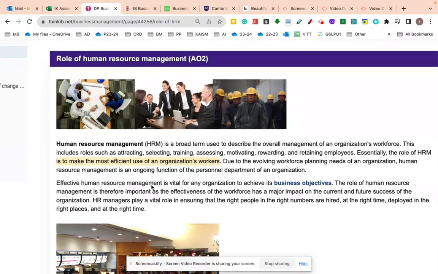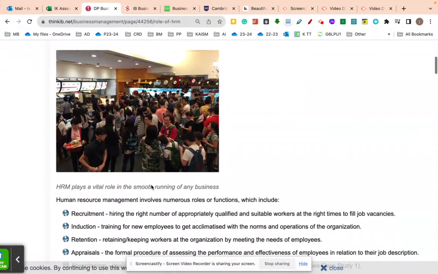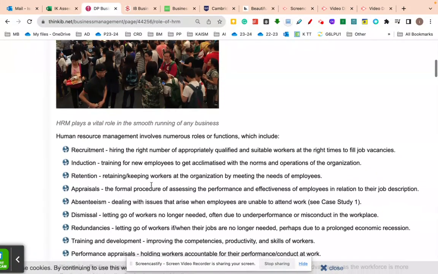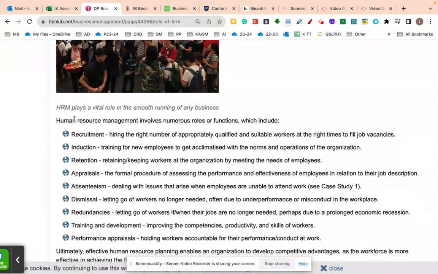So it involves many different functions. What do people in this department do? Again, definitely write these points down and I'll go through them one by one.